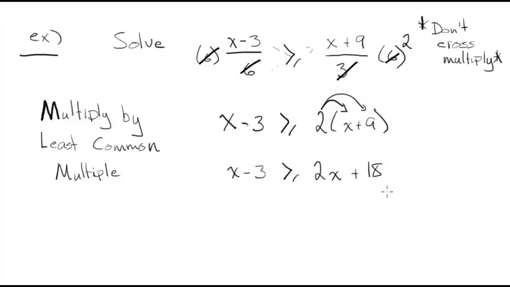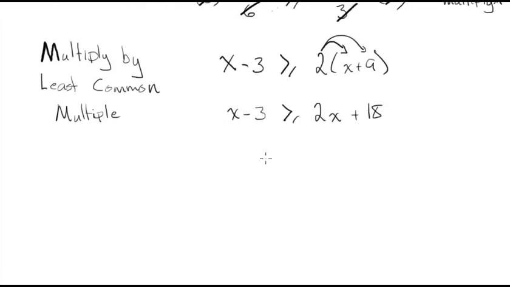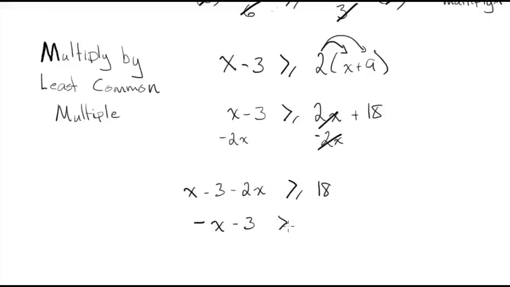Now we just need to collect like terms, so I'll subtract 2x from both sides of the inequality. So I'll have 18 on the right side. On the left side I'll have x minus 3 minus 2x, so minus x minus 3 bigger than or equal to 18.